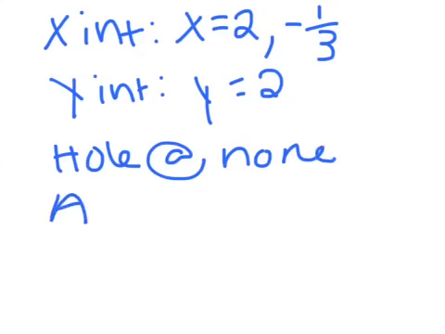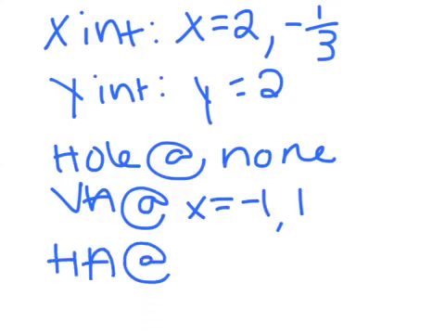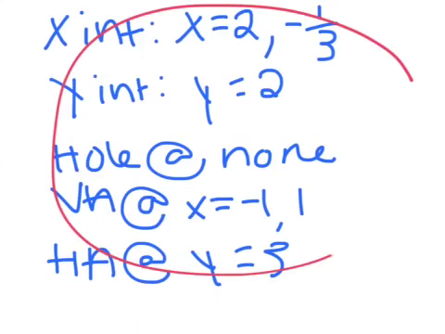You have vertical asymptotes at x equals negative 1 and positive 1, and a horizontal asymptote at y equals 3. Next we need to graph all of this information.